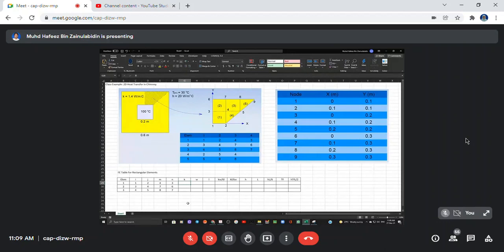And then K value 1.4. W here 0.1, and L similar value 0.1.